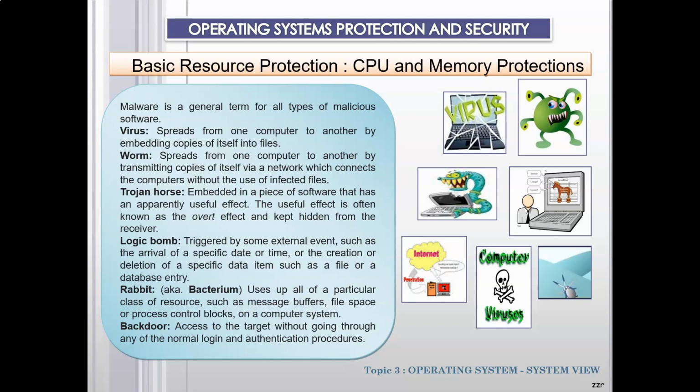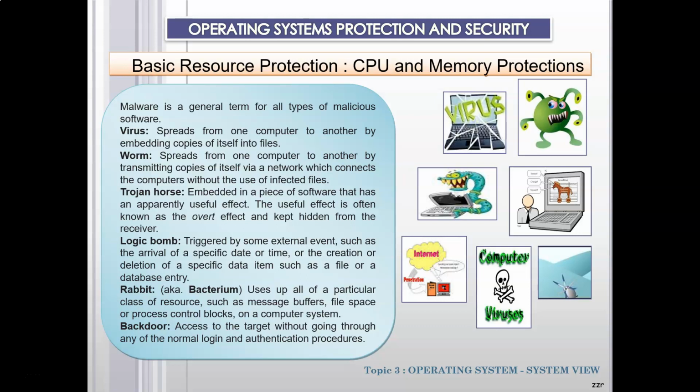And then once your computer has been attacked by the virus, you can realize that another computer in the same network also has been attacked by the same virus. That's what we call spread from one computer to another computer by embedding a copy of itself into a file. This virus is able to jump and infect other files in your network.